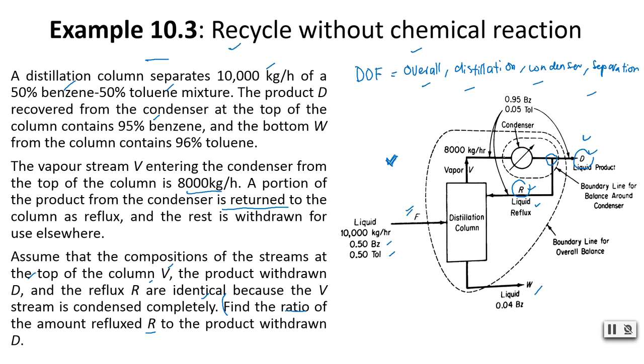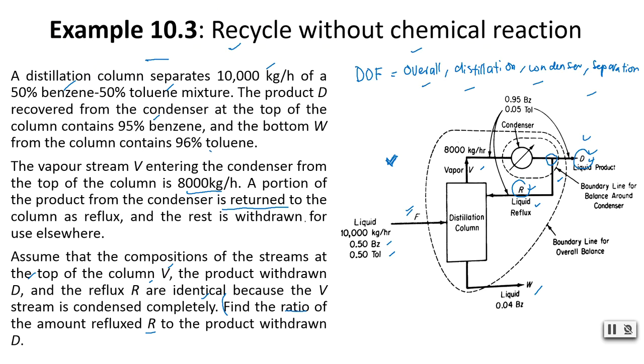For the condenser, the balance will consist of V, D, and R. That's why it's very important to identify the boundary of the system so that we can do the calculation. So let's start with the overall balance first.